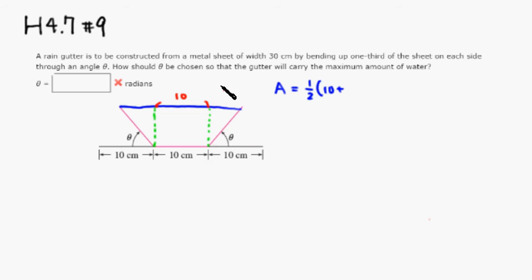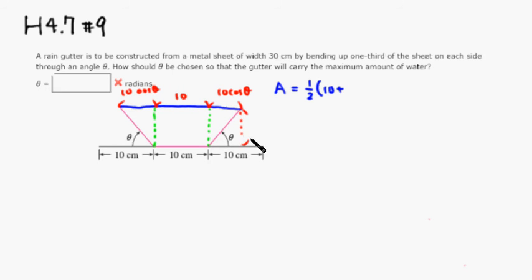Then using the trig ratio, this is going to be 10 cosine of theta, and of course the same thing, it's symmetric, 10 cosine of theta, and the height is going to be 10 sine of theta.